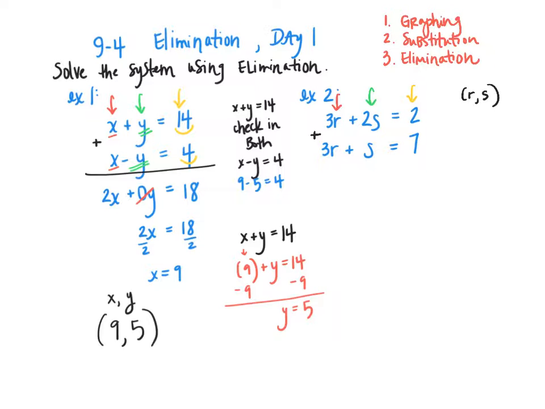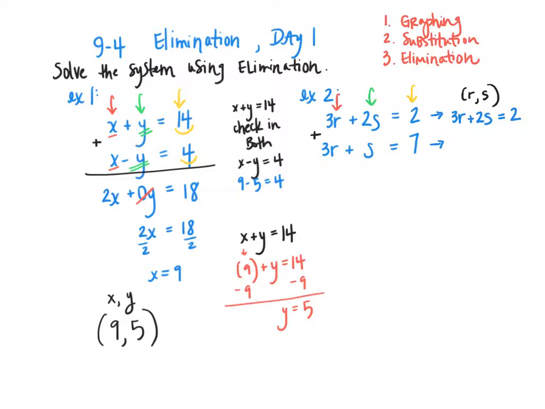But I have to keep in mind when it's an equation, I can do whatever I want as long as I do it to both sides. So what I prefer to do is take one of these equations. The first one I'm going to leave exactly as it is. I'm just going to write 3r plus 2s equals 2. But on the second equation, I really just need that second equation to end up with a negative 3r.